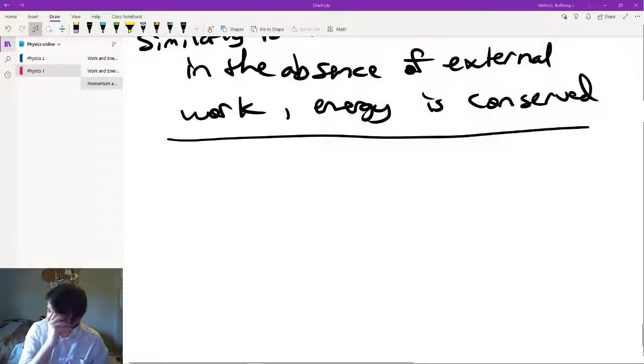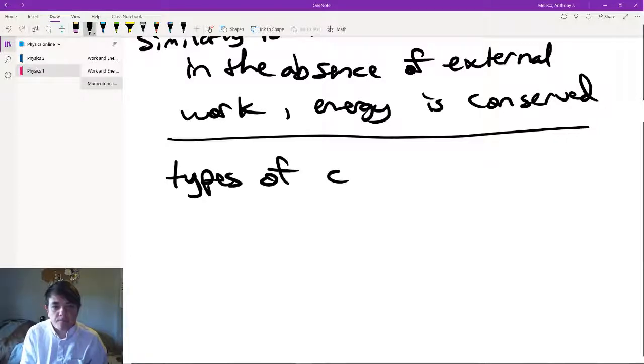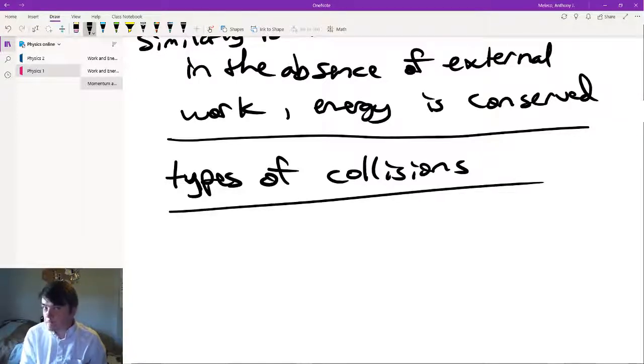So now that we're basically saying this stuff is useful for collisions, let's learn the types of collisions. So what collisions are there? So there's types. And it turns out there's usually four that people typically have in physics books.